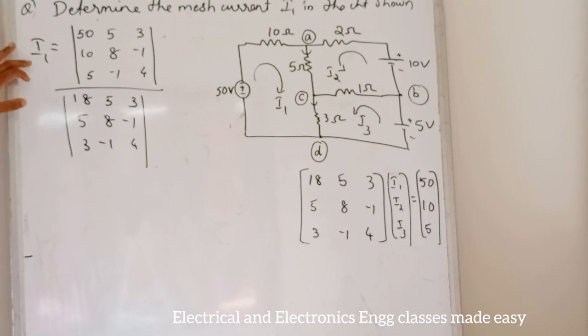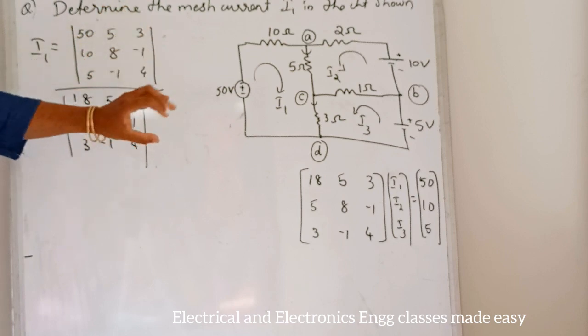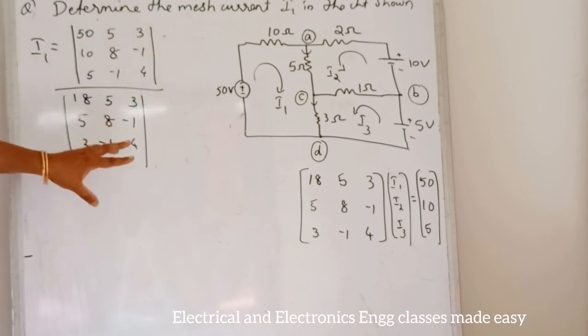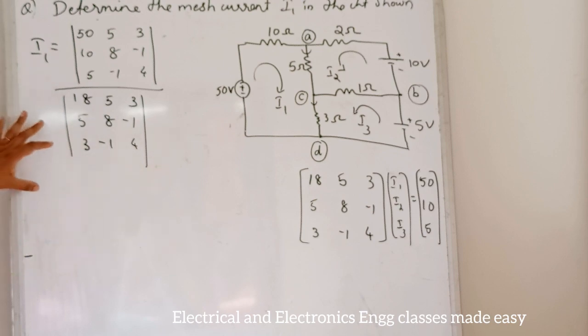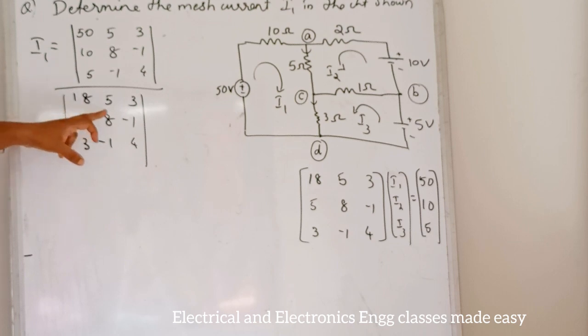Then for I3, replace the third column with the constant terms, and the denominator is the same as that of the original matrix, that is the determinant of the given values: 18, 5, 3, 5, 8, minus 1, 3, minus 1, 4.